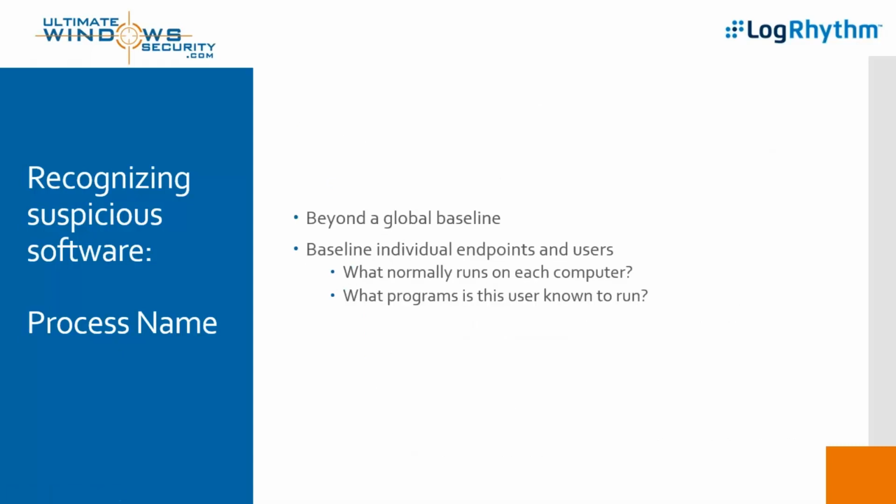Now, could we go beyond a global baseline? Could we baseline individual endpoints and users so that we're still on process name here, but could we keep track of what normally runs on each computer? Could we keep track of what are the program names that each user is known to run?